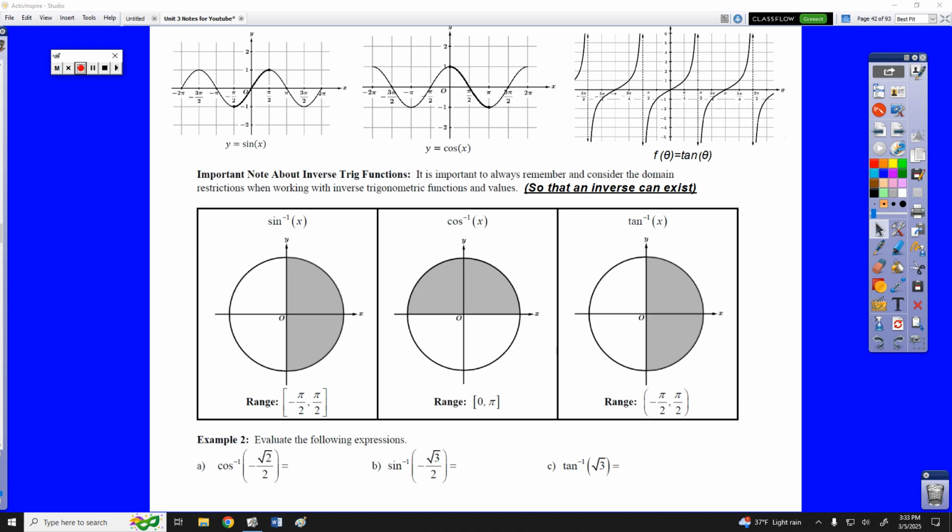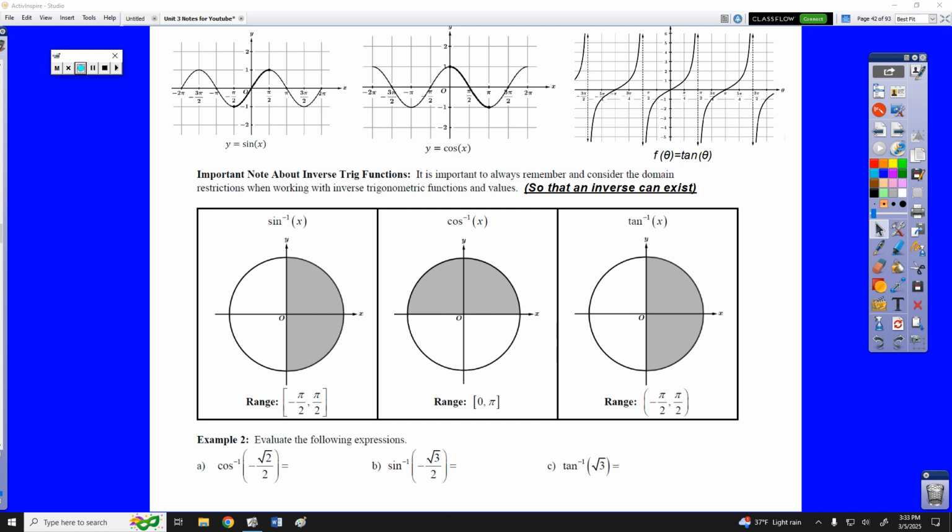Remember that when we look at the sine function, the cosine function, or the tangent function, and we want to talk about having an inverse of that function, we cannot do that. An inverse does not exist unless a function passes the horizontal line test, unless there is only one input for each output.